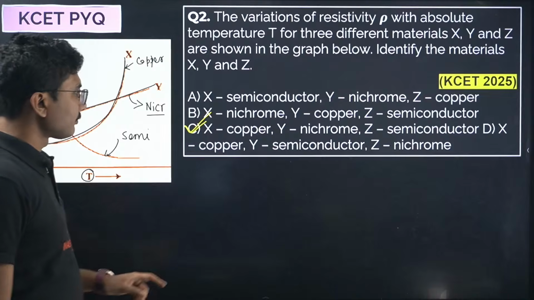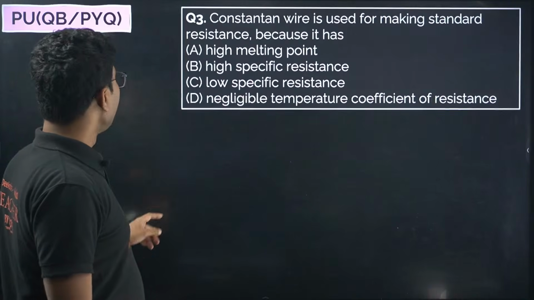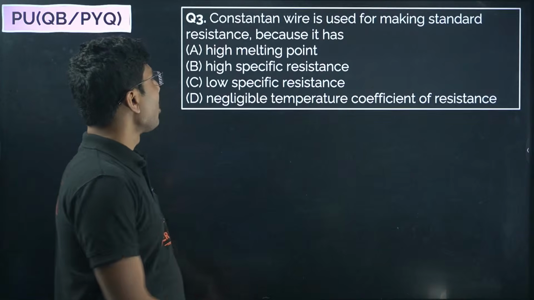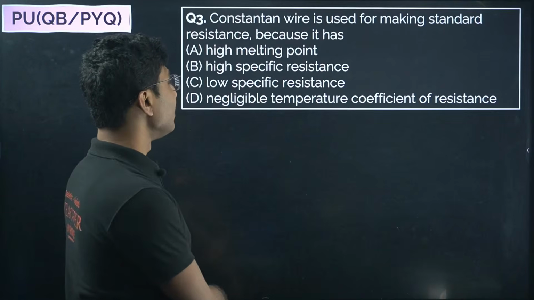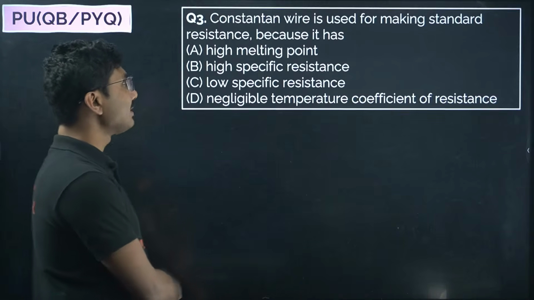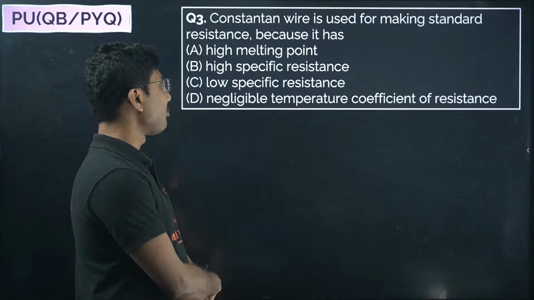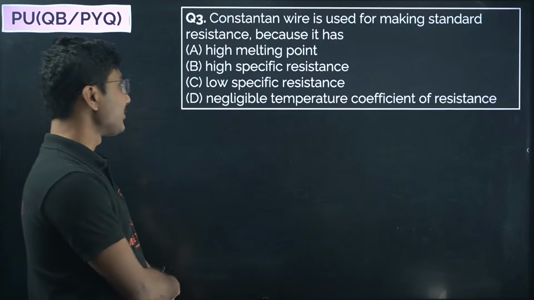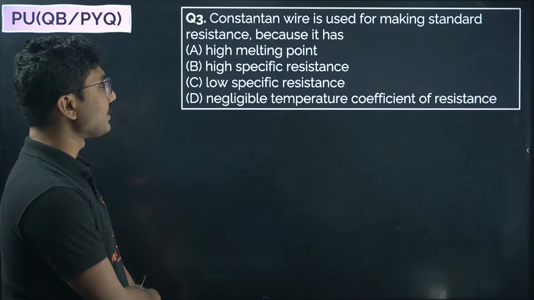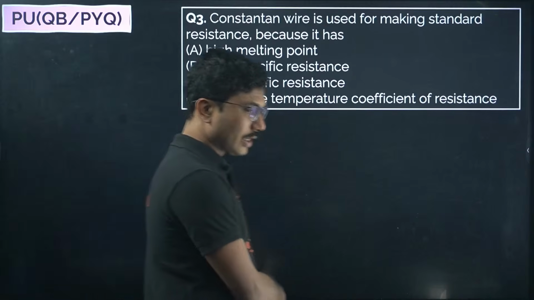Okay, now a few questions for your PUC. Constantan wire is used for making standard resistance because it has high melting point, high specific resistance, low specific resistance, negligible temperature coefficient of resistance. What is the answer?